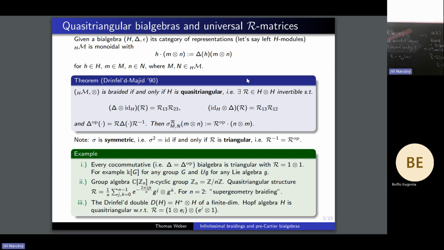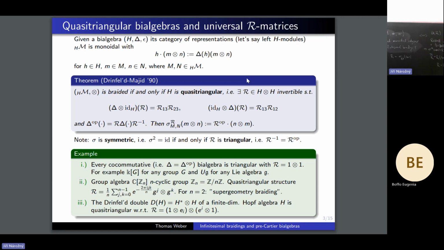Okay. Then the if and only if that I wrote here is now expressed in terms of this theorem proven in 1990 that says this category of left H modules is braided if and only if H is quasi-triangular. So if and only if we have such an element R in H tensor H. It has to be an invertible element.